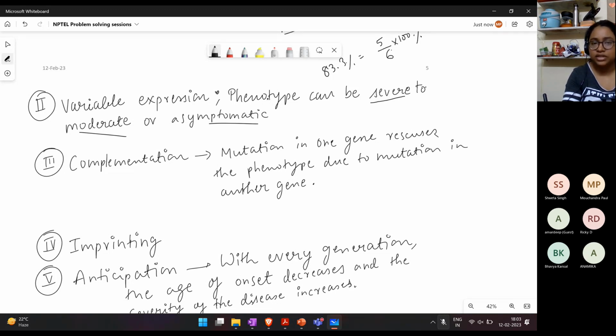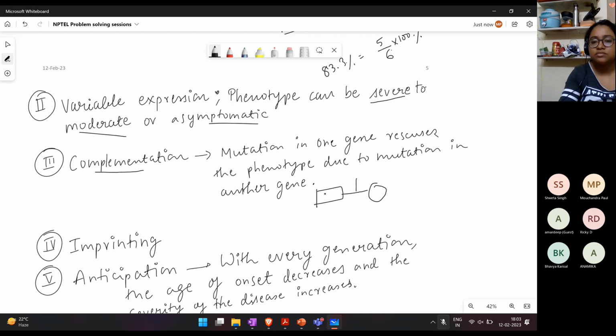So this kind of degree of expression can exist for a particular disease, because of which we can get wrong results while analyzing the pedigree. Then another complication can be complementation. So what is complementation? Suppose this is a mother, and she has married someone, and she comes from a different family.